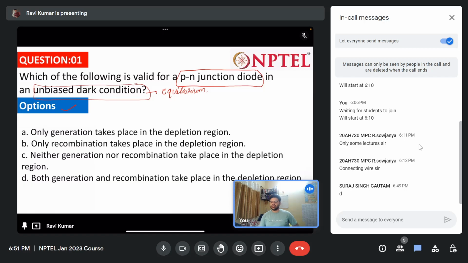Actually, in this condition, we have seen there was a depletion region and all the charges come from diffusion only. There was no recombination or generation.